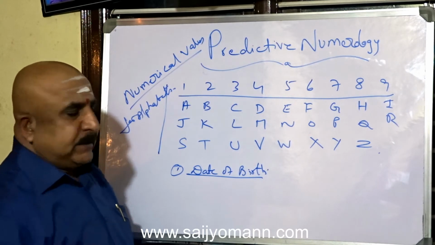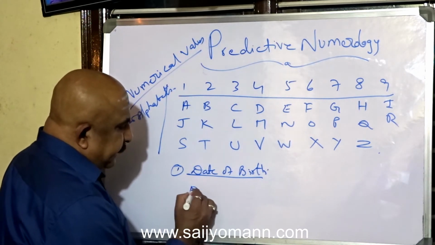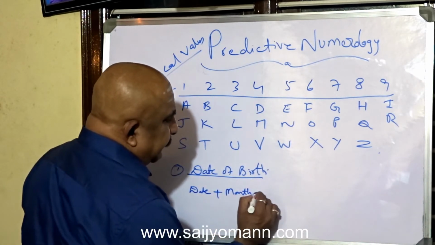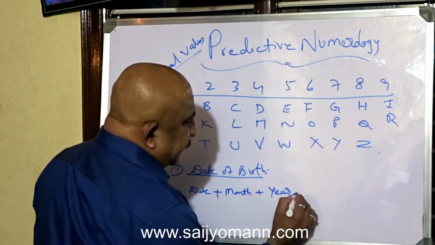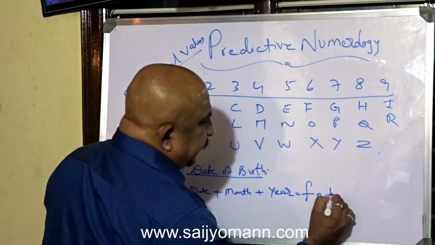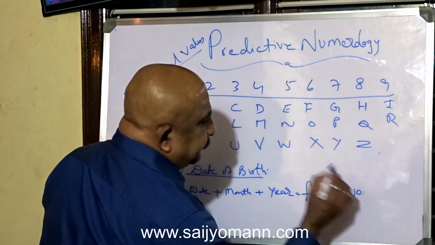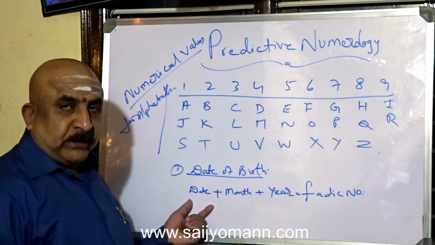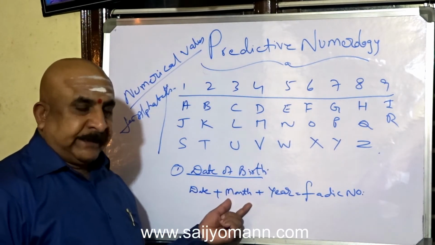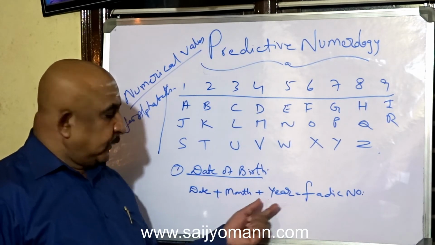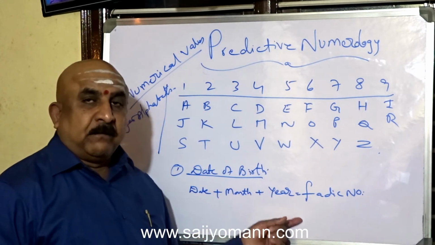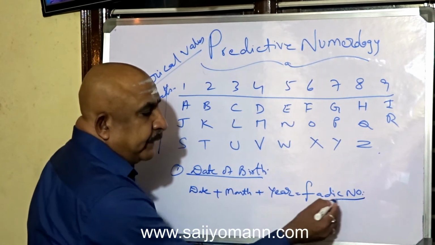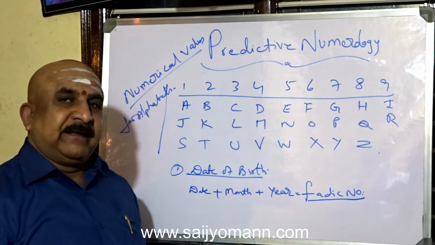Vedic number means date plus month plus year. Date, total of month, total of year, all this added and brought down to a single digit. That will be the Vedic number of that particular child.